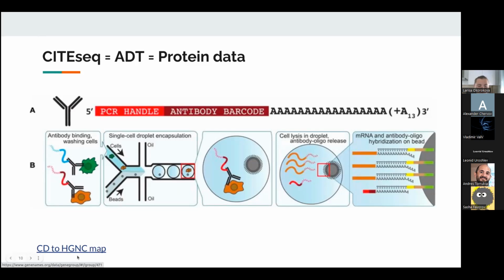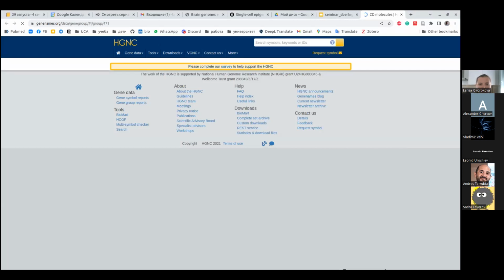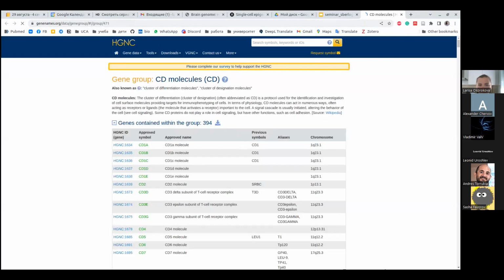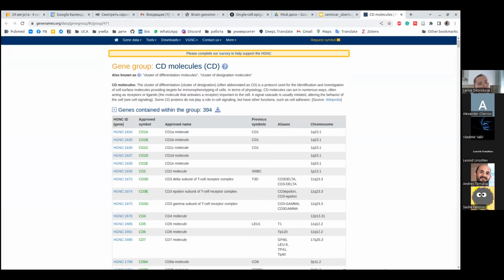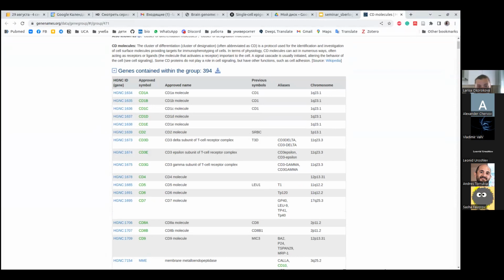And I decided to give you a link to the CD nomenclature, HD and C nomenclature. So here you can see the list of all the CDs. It was not a very good surprise when scientists discovered that sometimes the same CD, let's say one molecule, can be different.